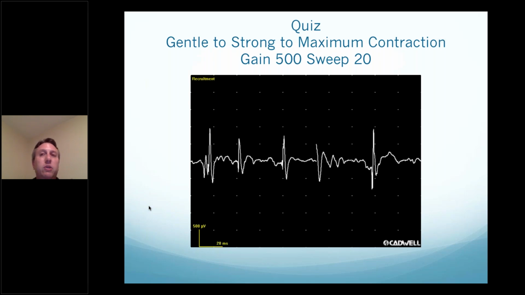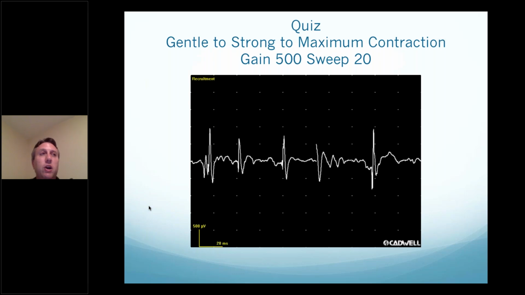It's hard to get them all to fire at the same time. That's why interference pattern is a very subjective type of finding, where on its own it doesn't really stand out that much.